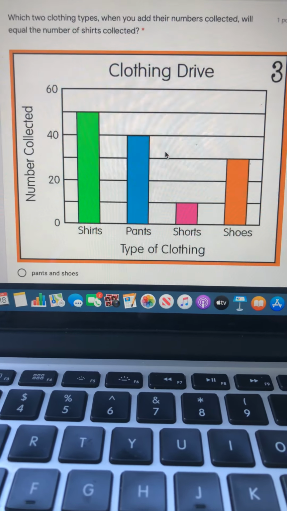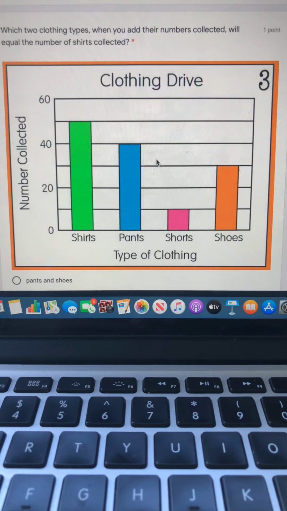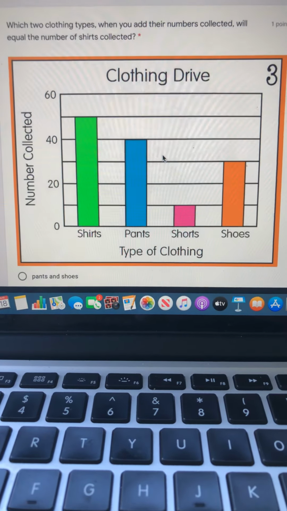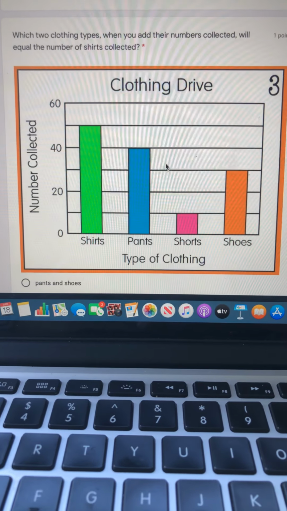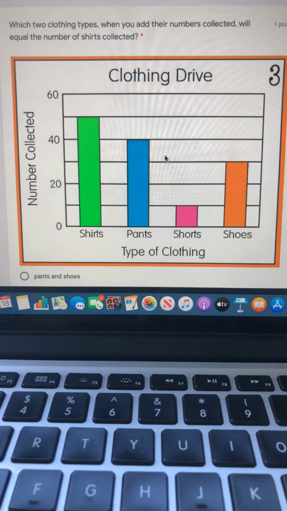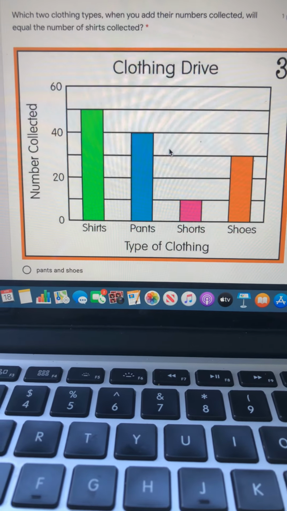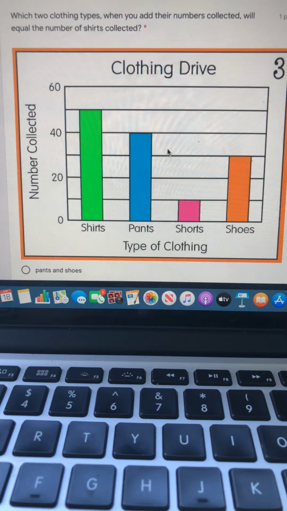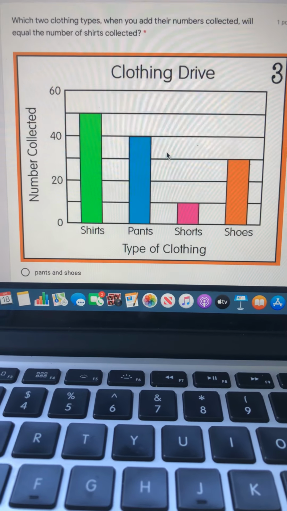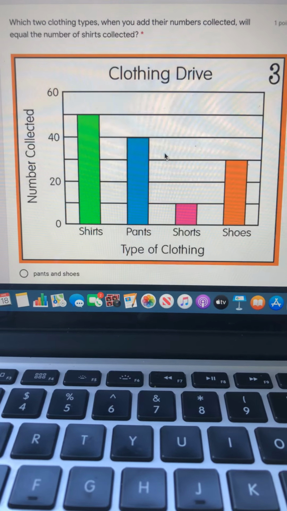All right, the next question is, which two clothing types, when you add their numbers collected, will equal the number of shirts collected?